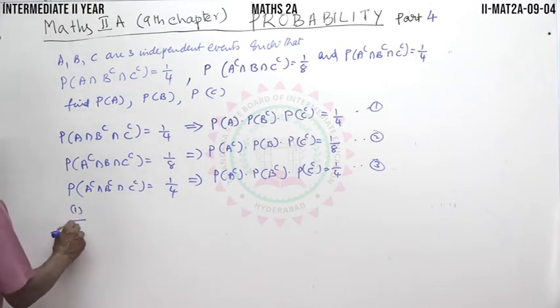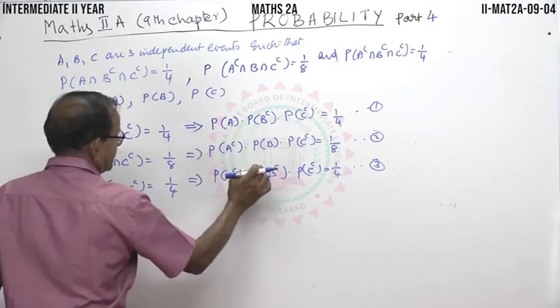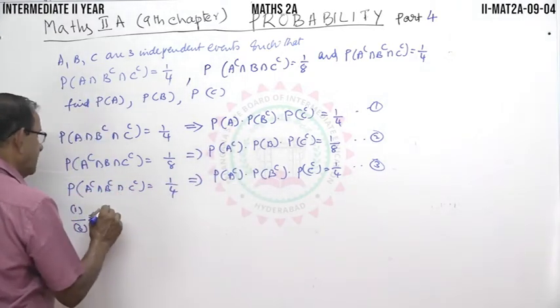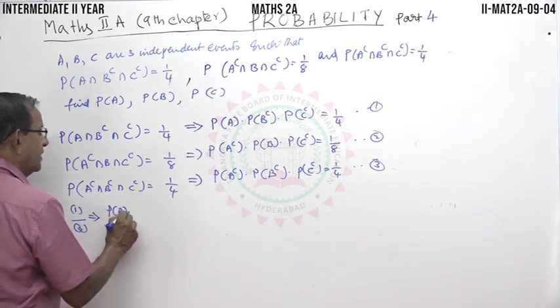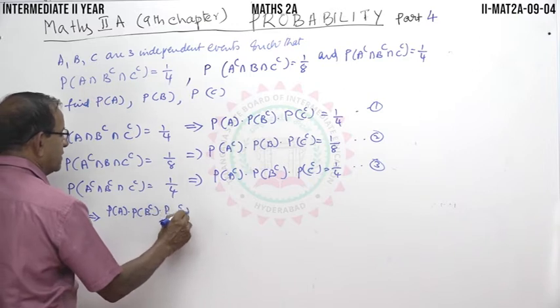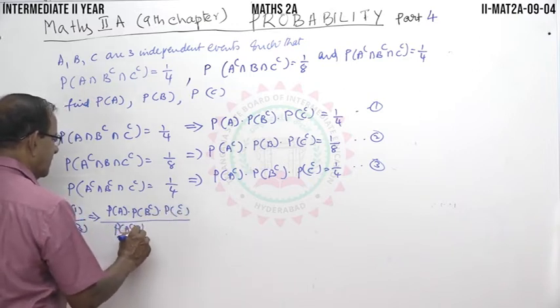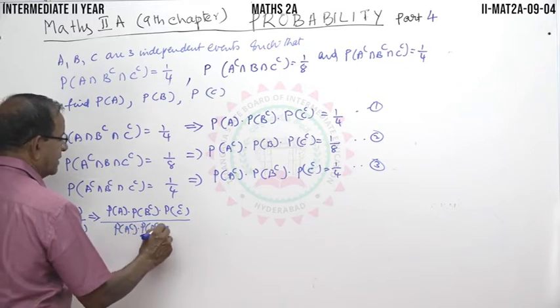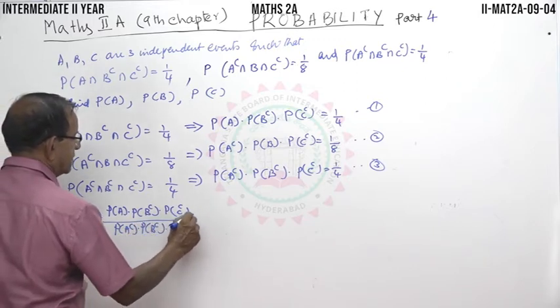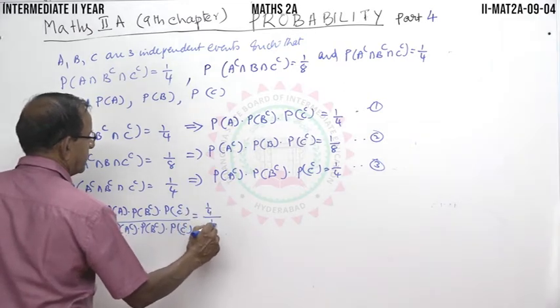This by this: P of A into P of B complement into P of C complement by P of A complement into P of B complement into P of C complement is equal to 1 by 4 by 1 by 4.